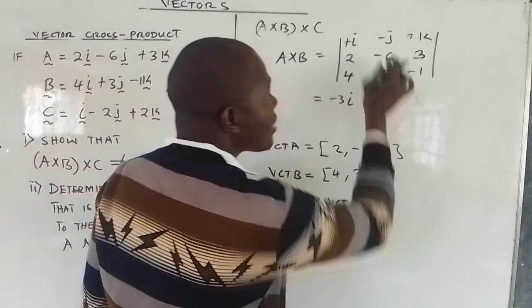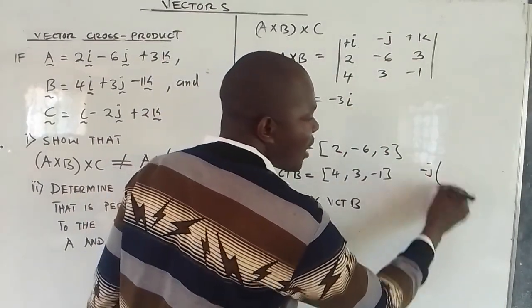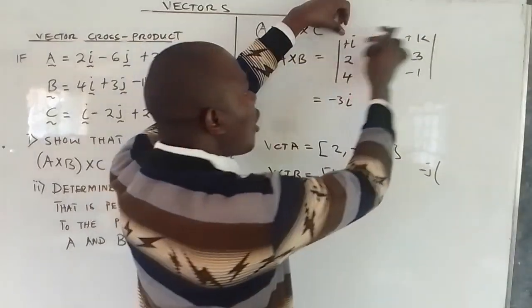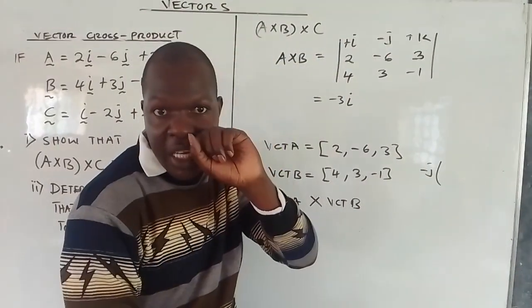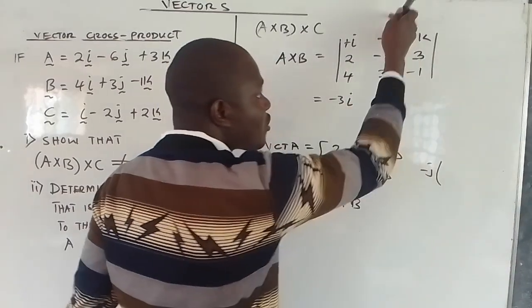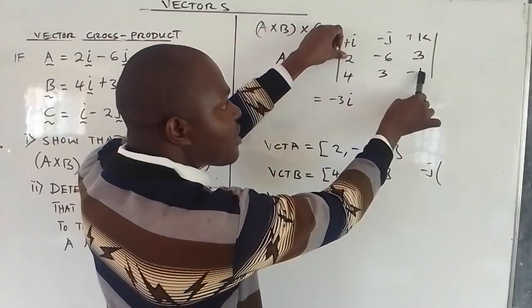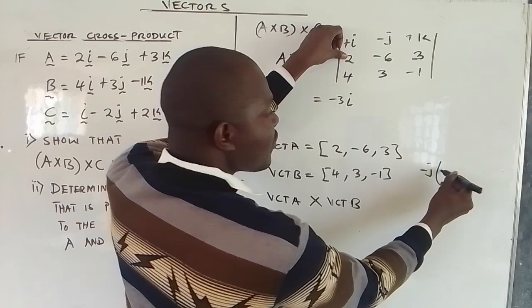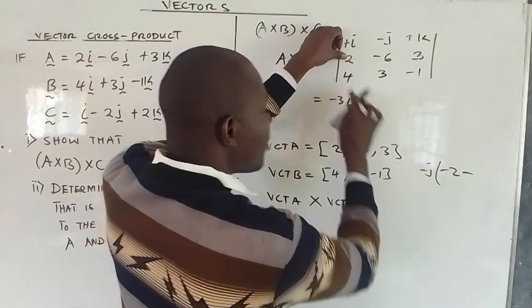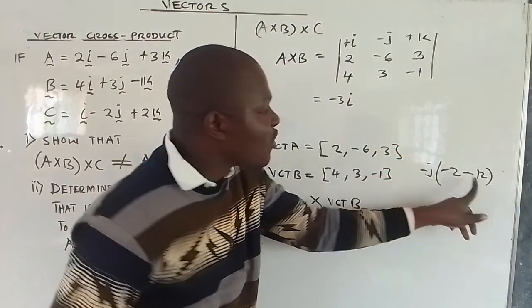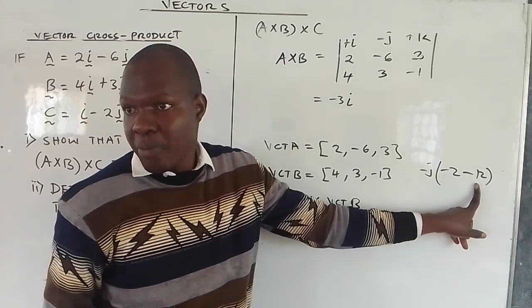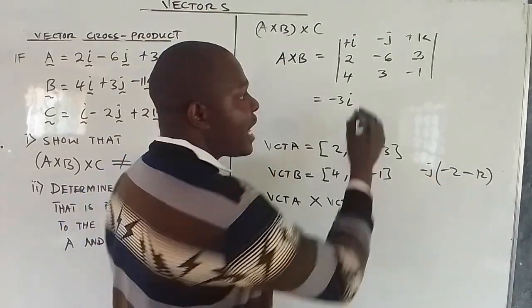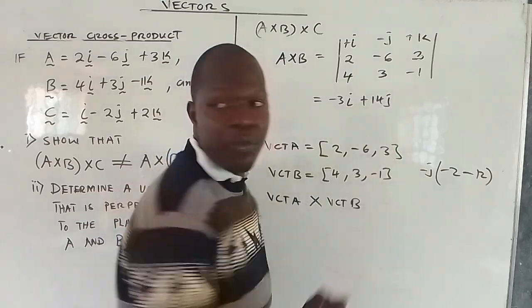Then here, you have -j outside. When you block, j is in the first row, second column, isn't it? So when you block the first row and second column, what do you remain with? 2 times -1, which is -2, minus 3 times 4, which is 12. So -2 minus 12 is -14, isn't it? -14 times -j, positive 14j.